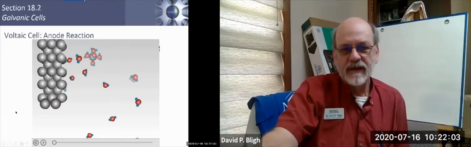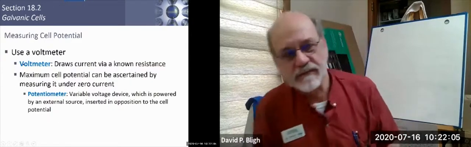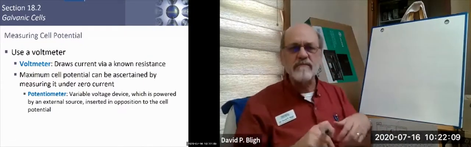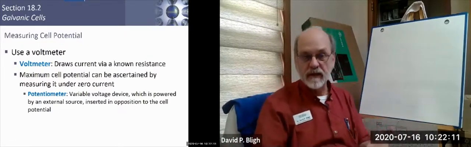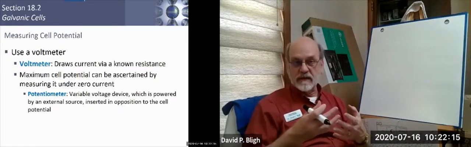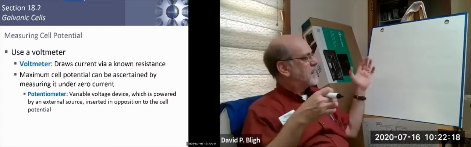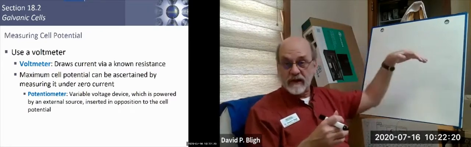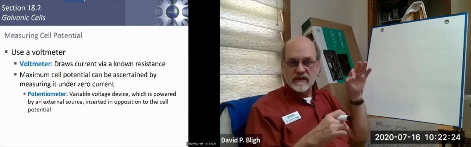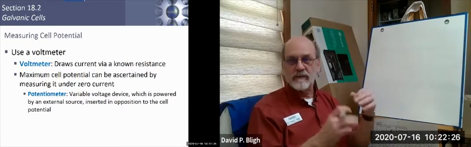Okay, so let's look at some more definitions. How do we measure this cell potential? Well, you need a device that's calibrated so that when a force is being applied through your external circuit, the instrument can detect that force by movement of electrons.